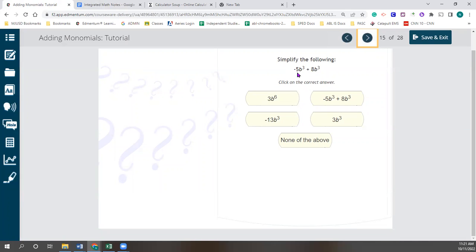Okay, same thing. Negative 5b cubed plus 8b cubed. The b cubeds are the same, so I can leave those.